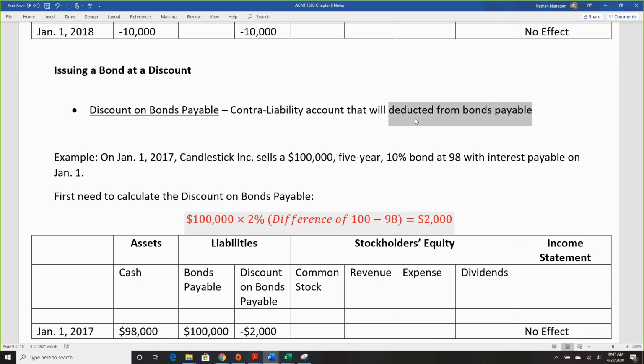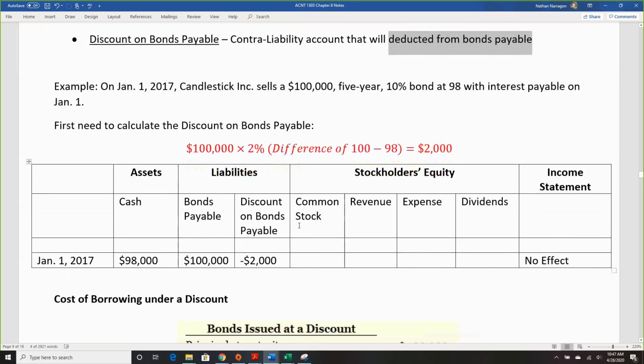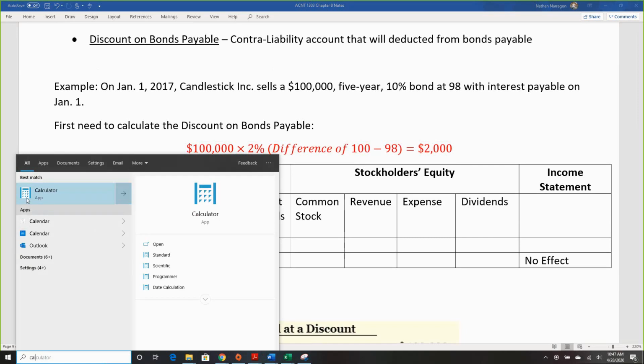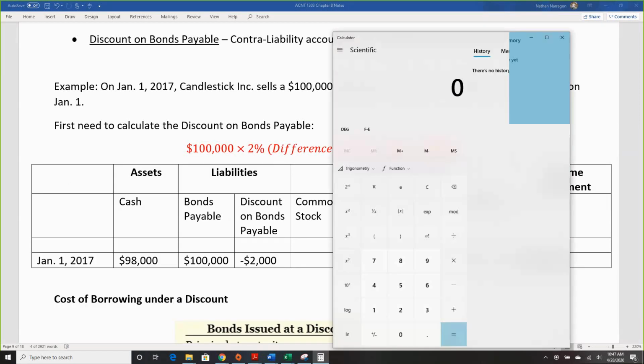Be careful of that. Okay? Discount on bonds payable is a negative number. So when we calculate, we do come out to 2,000. Again, that's only taking the 100,000 and multiplying by 0.02, 2%. Okay?